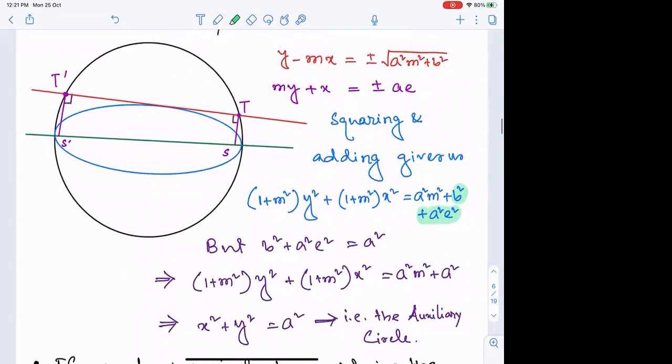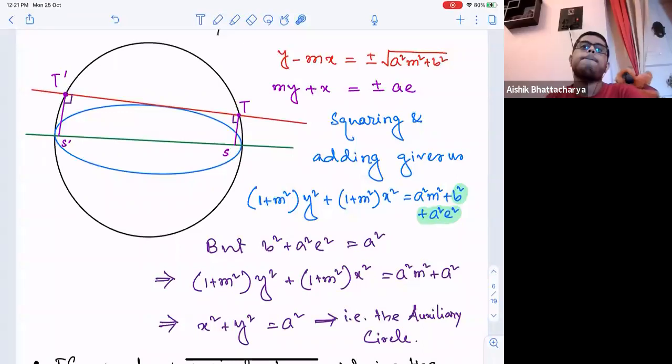And hence cancelling 1 plus m square, we have got the relation free from our assumption m, and having the equation x square plus y square is equal to a square, which is the auxiliary circle for our considered ellipse. Is that okay along with the diagram? Yes, sir.